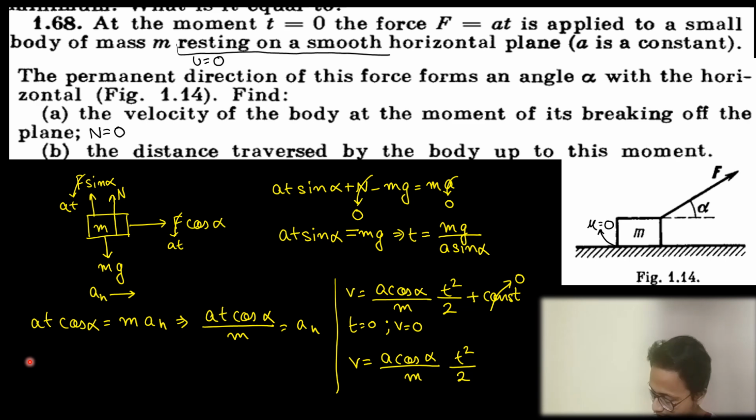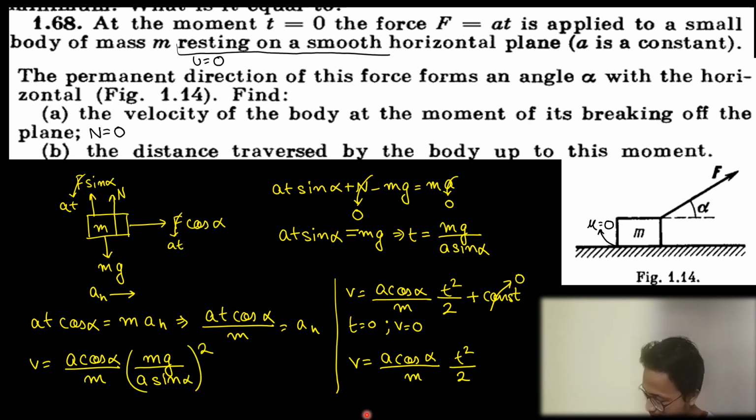So velocity at the time of breaking off was v is equal to A cos alpha by m, and the time while breaking off squared, (mg by A sin alpha) whole square, divided by 2.